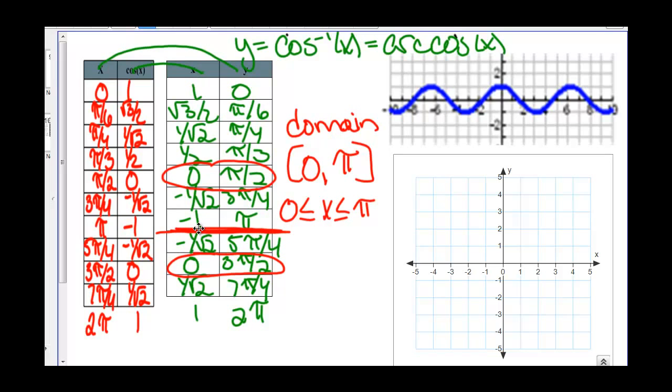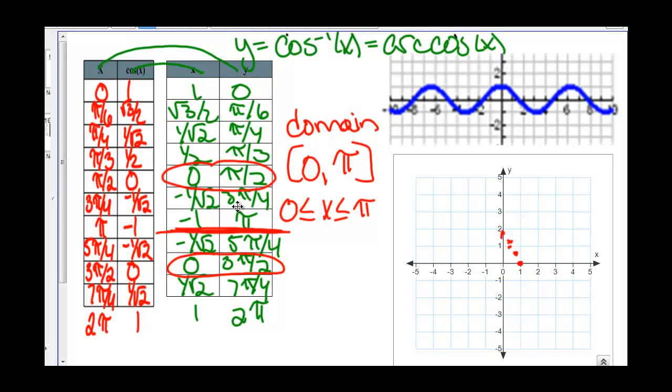So let's plot our points. We have 1, 0, square root of 3 over 2, pi over 6, 1 over square root of 2, pi over 4, and 1/2, pi over 3. Then we have 0, pi over 2.